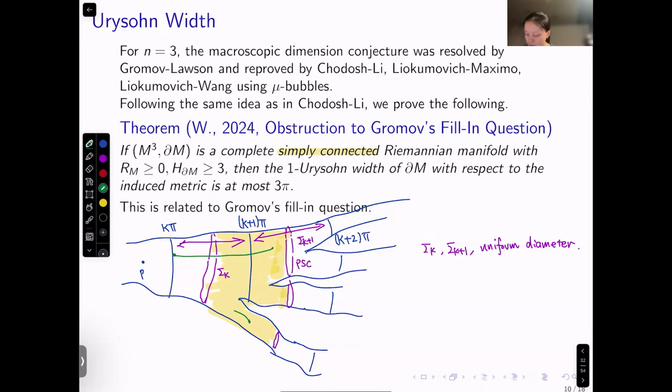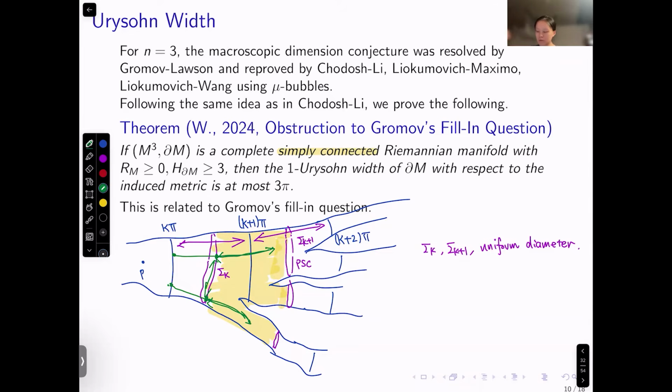And because my manifold is simply connected, we know that it has to go back to the same end. Now they must intersect the same theta bubble at some points. And now we know that these two distances have a uniform bound, and these two distances also have a uniform bound.